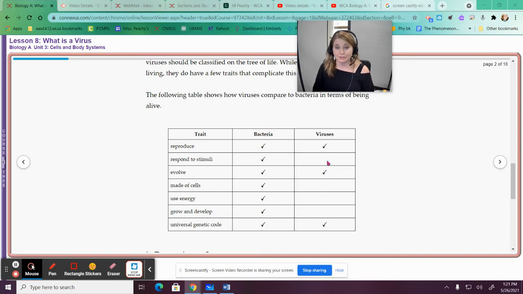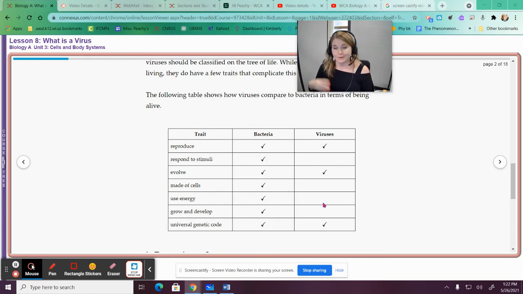They can be destroyed by external means like putting bleach on something, but they don't actually respond to the environment. They don't change their behavior based on environmental clues. They are not made of cells. Again, they are just DNA or RNA covered by a protein coat, which is a capsid, sometimes surrounded by this viral envelope. They don't use energy. They don't need ATP to function. And they do not grow and develop.